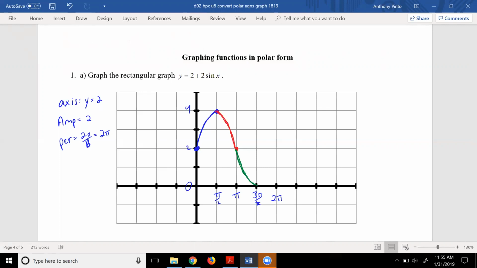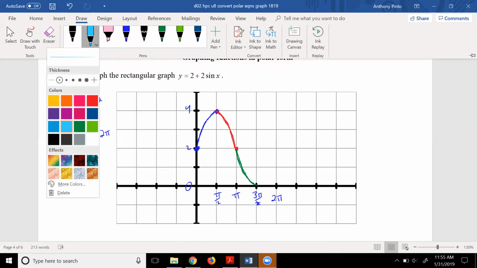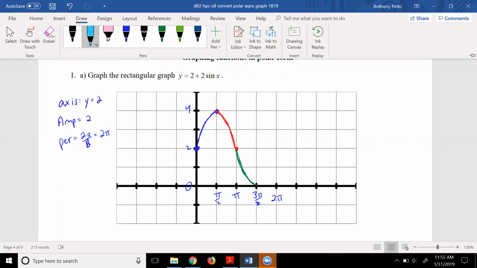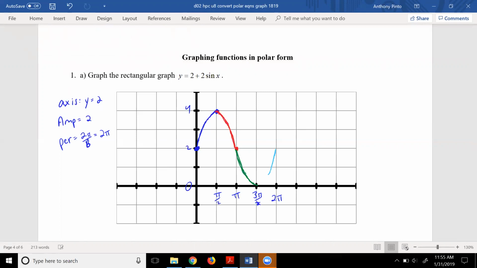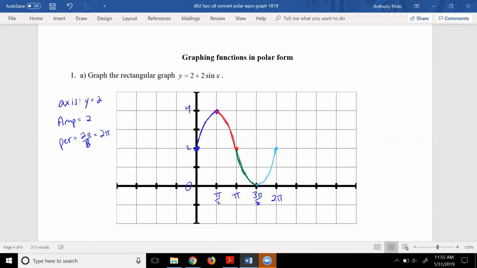And then when x is equal to 2 pi, we come back up. Let's see what would be a good color here. Let's use the sky blue color. Come back up to this point. Okay.